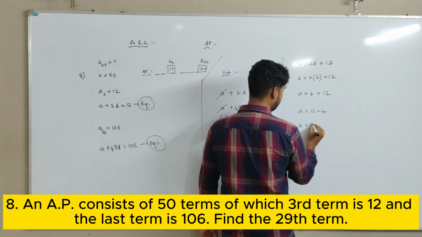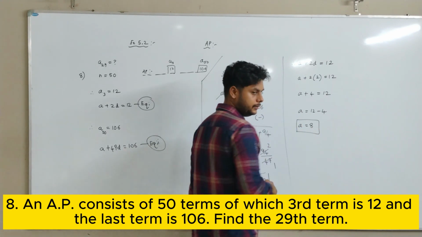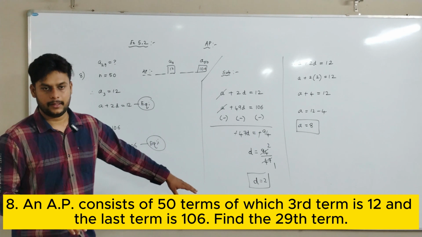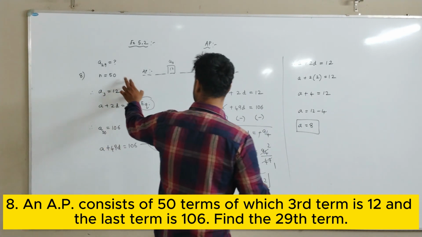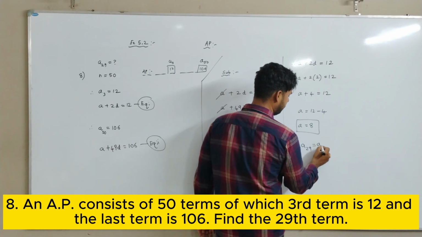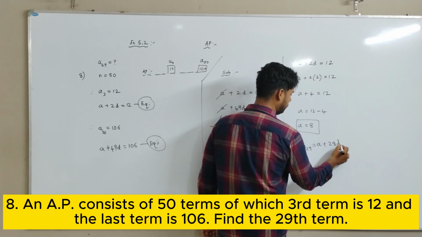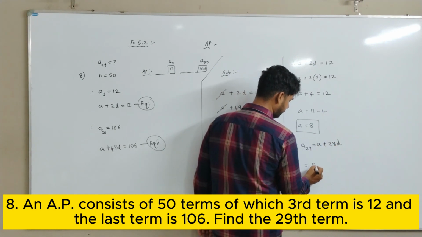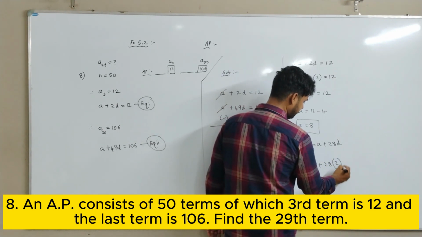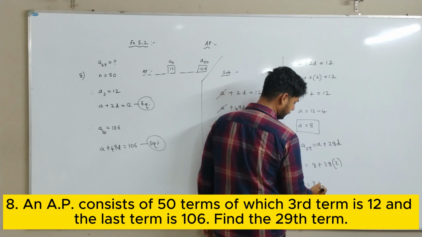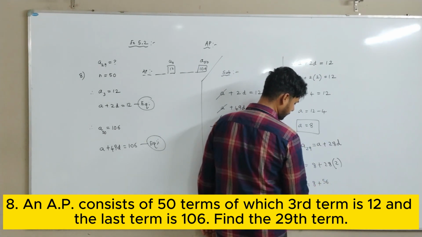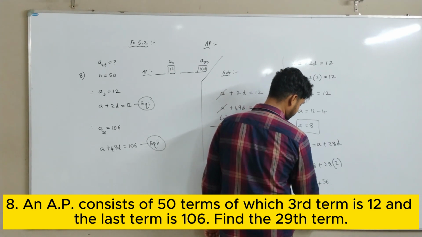A is equal to 8. Any doubts? I got my A, I got my D. After getting both, I should find A29, and A29 is equal to A plus 28D. A is 8, plus 28 times D, which is 2. 28 times 2 is 56, 8 plus 56 is 64. 64 is the answer.